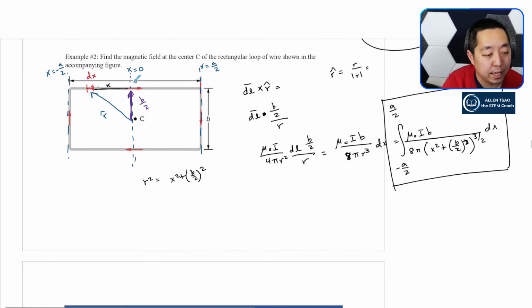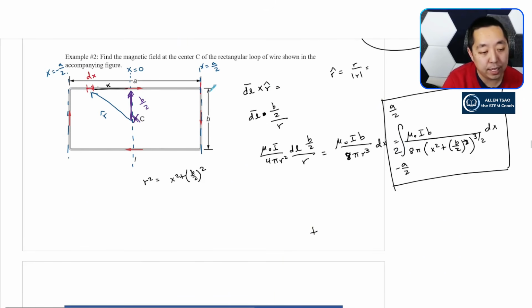So you're going to get that, and if you do your right-hand rule, the current here is going to be pointing into the page. And then for this guy, it's also going to be into the page. So from this guy and this guy, you're going to get 2 of those.